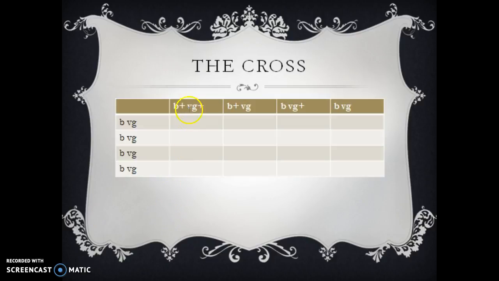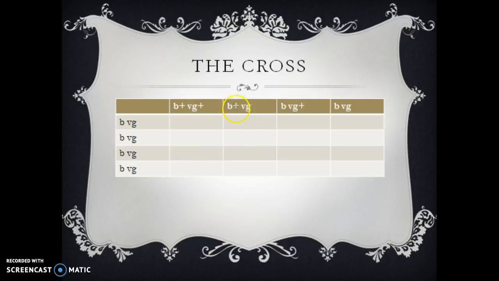So if we were to take those possible gametes and plug them into a dihybrid cross here, you can maybe visualize that since that is B plus VG plus, and all these are the same, all four of those boxes would have the same possible recombinant cross.